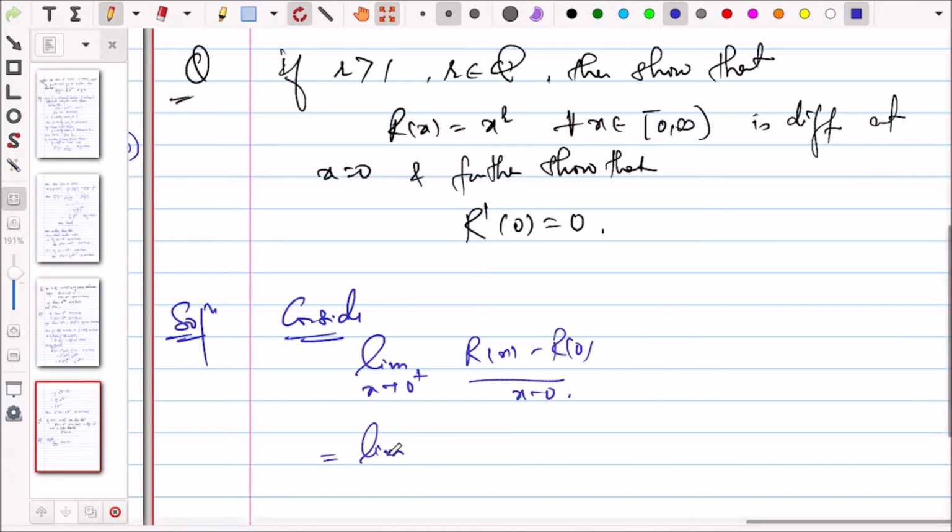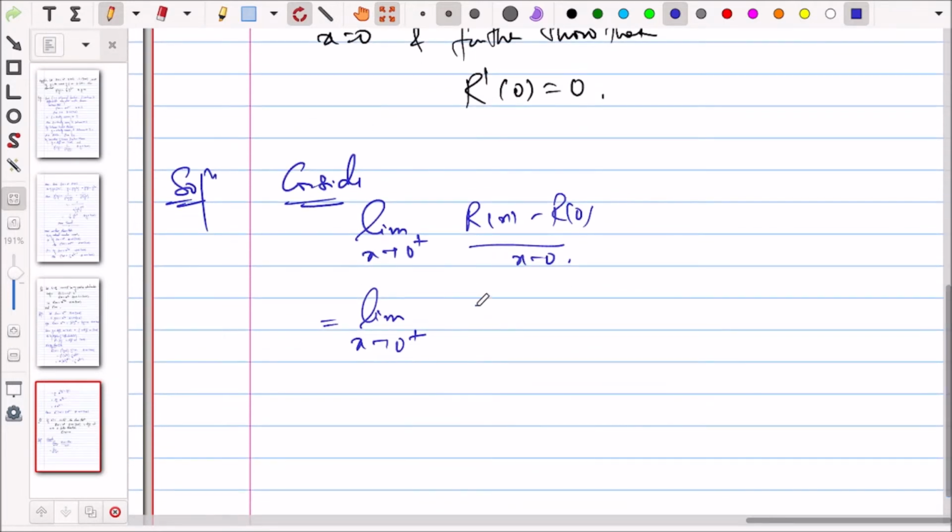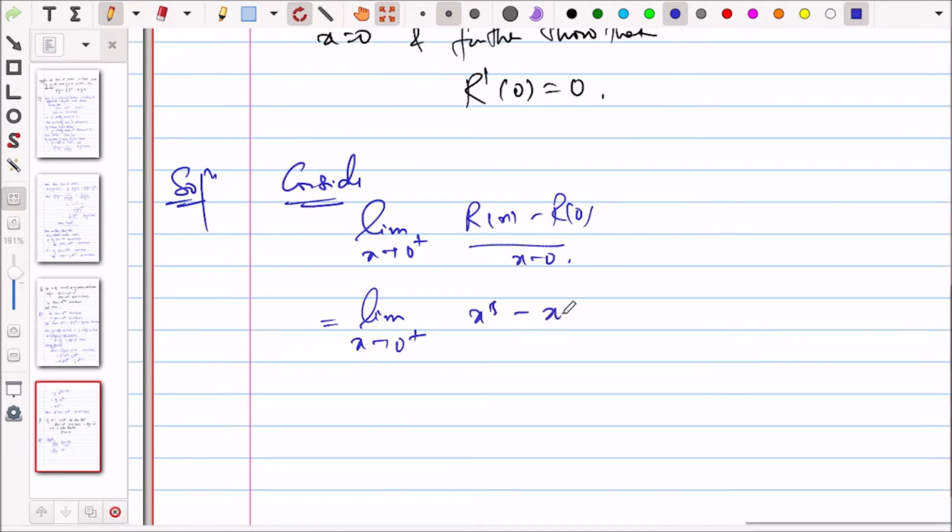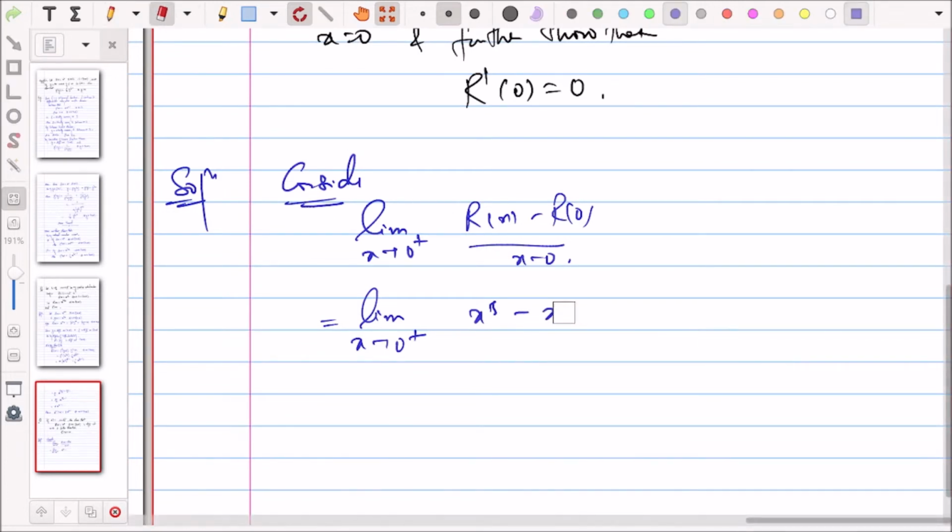So this is (r(x) minus r(0)) upon (x minus 0). So what will this be? Limit x tends to 0 positive, (x to the power r minus 0) upon x, right?